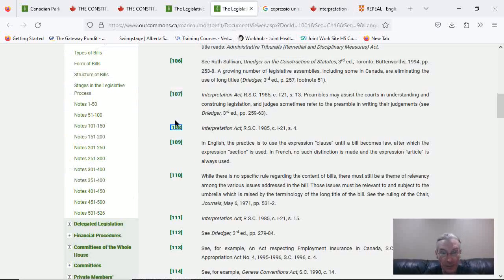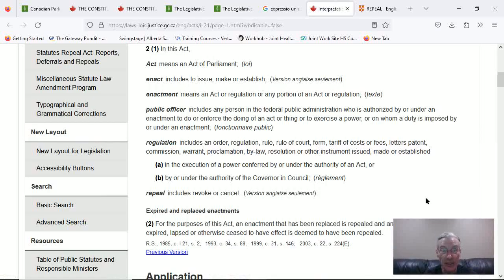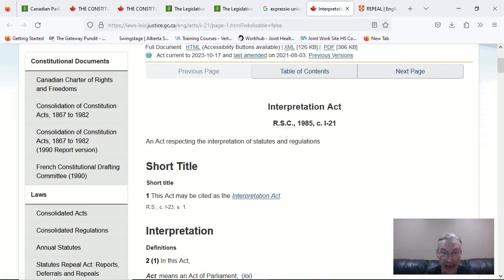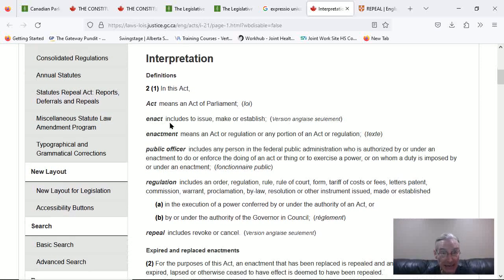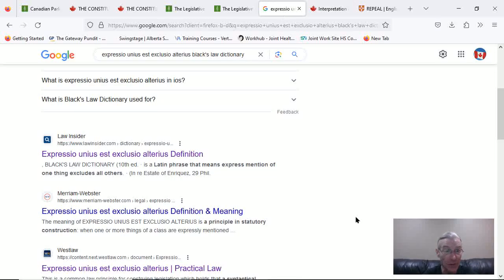Now, we saw our endnote says, see the Interpretation Act. So here we have the Interpretation Act and definitions. Enact includes to issue, make, or establish. And keep in mind our maxim of law, expressio unius est exclusio alterius. The expression of one excludes all others.